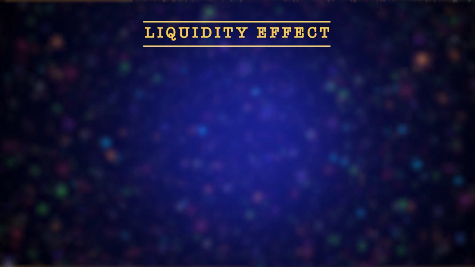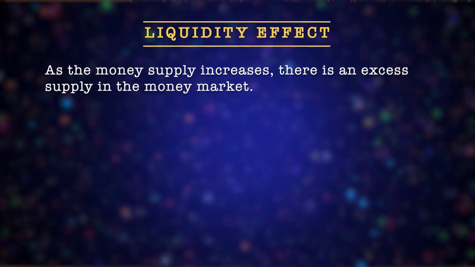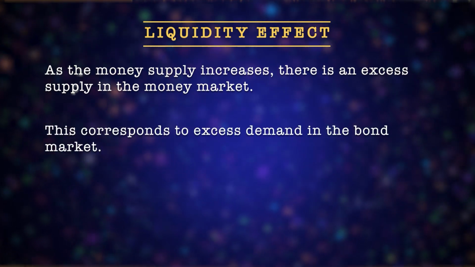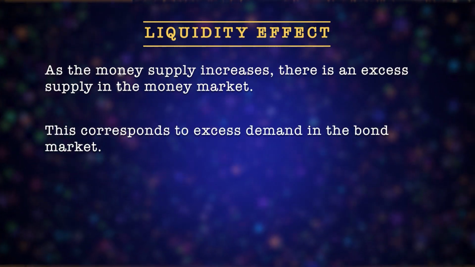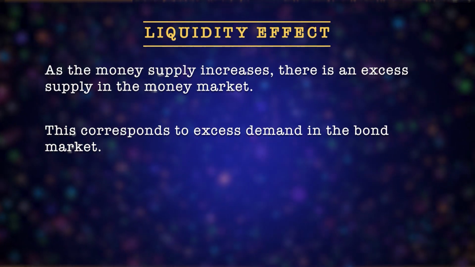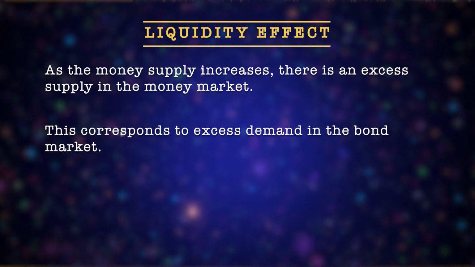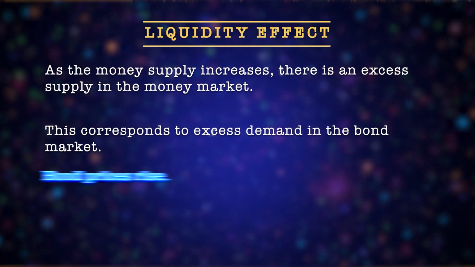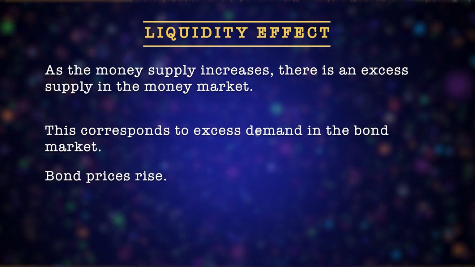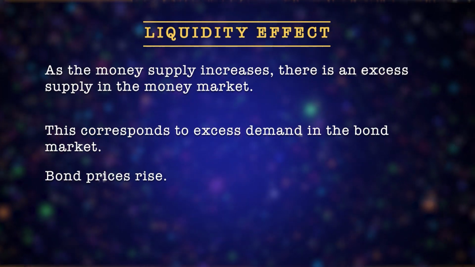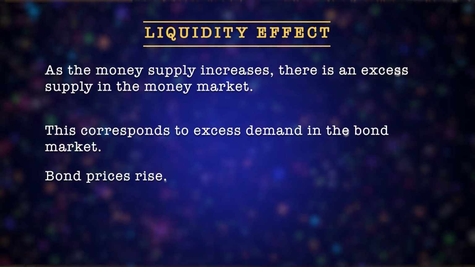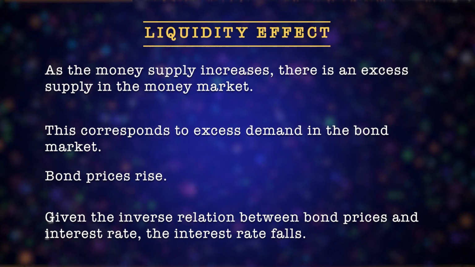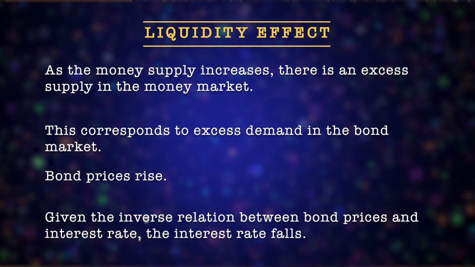Now as the money supply increases, there will be an excess supply in the money market. And if there is an excess supply in the money market, then obviously this will correspond to an excess demand in the bond market. So whenever there is excess demand in any market, in this case the bond market, the price of the commodity in that market is going to rise. So here we find that since there is an excess demand in the bond market, bond prices will eventually rise.